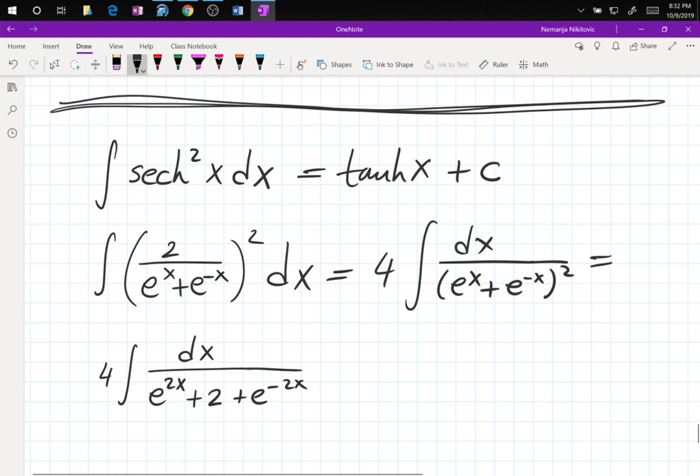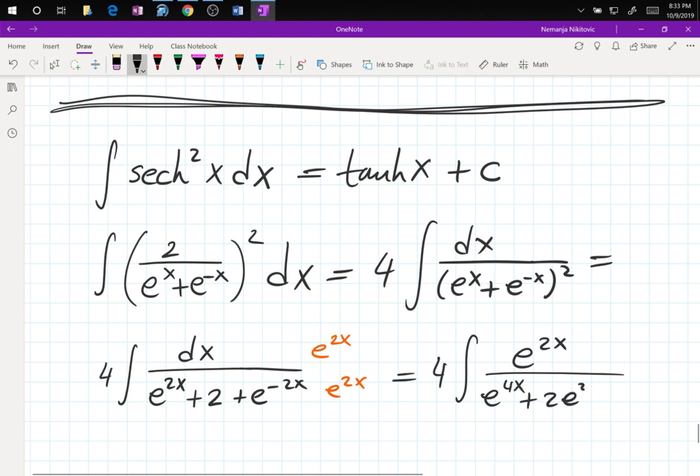Now we're going to multiply top and bottom by e to the 2x to kill the negative. Exactly. So that is going to give us 4 integral of e to the 2x divided by e to the 4x plus 2e to the 2x plus 1, and you have your dx.